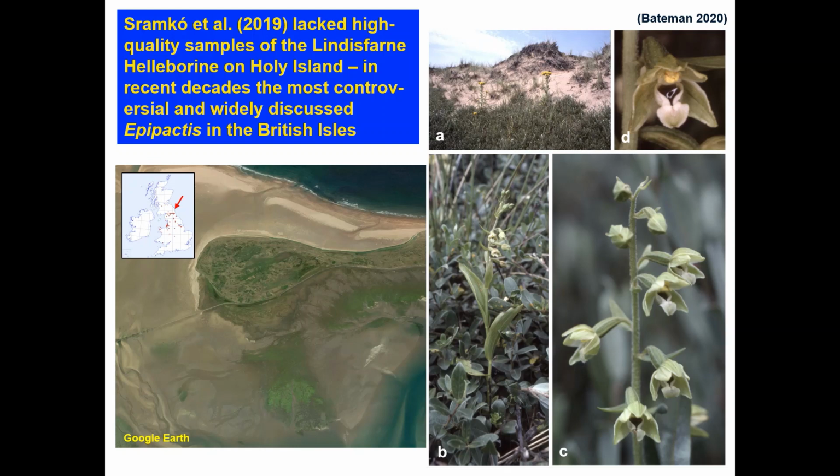Those of you who have visited Lindisfarne and possibly sought out this species will know that there's a relatively small number of plants just confined to the western end of the island. And those of you who've actually looked at these plants and compared them with populations of Epipactis helleborine elsewhere, for example on the Lancashire coast, will have realised that the differences are not very great.